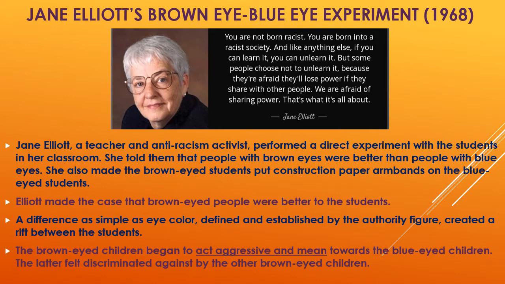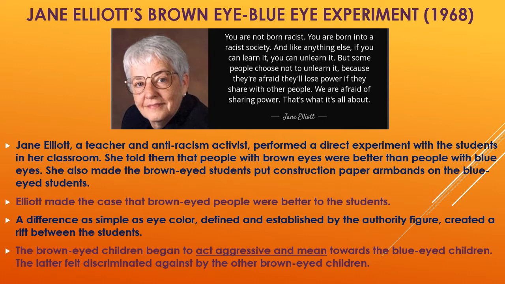So this happened shortly after the murder of Martin Luther King Jr., and the school that she worked at had recently named MLK Jr. as their hero of the year. And when he was murdered, her third grade students were very confused. Why would our hero of the year be assassinated?